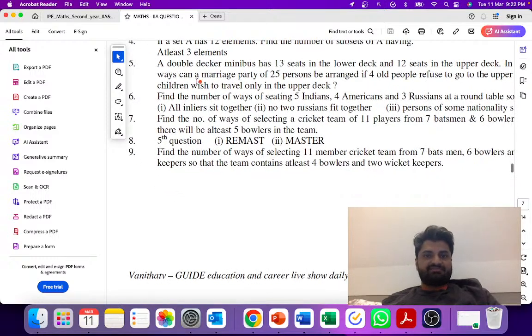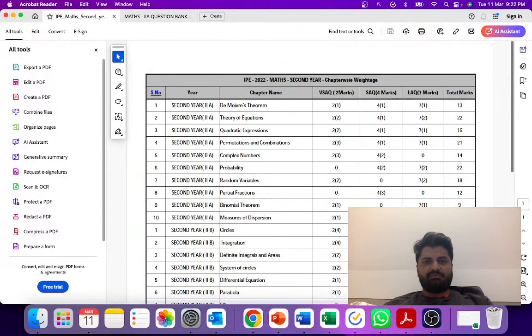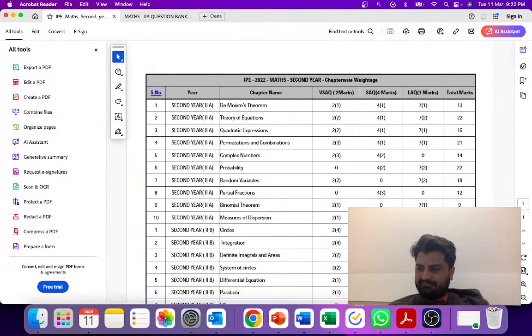Then again, sitting together, not sitting together, selecting teams. So all the same models for permutations and combinations. So this is about permutations and combinations, whatever they have asked.